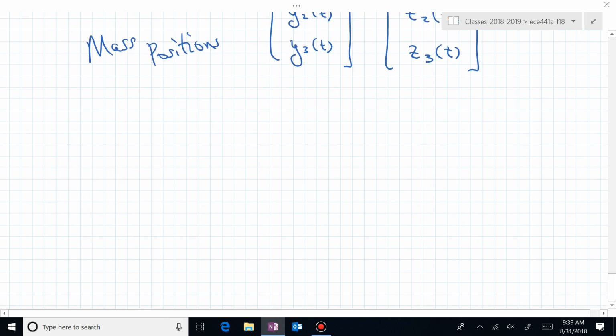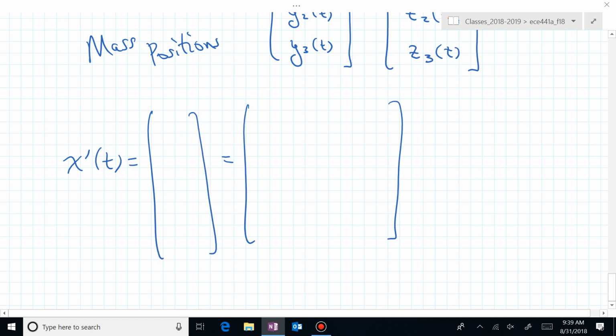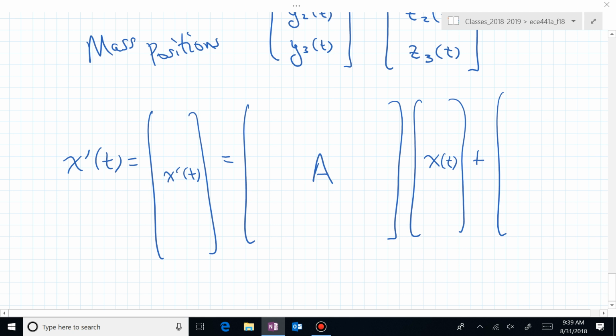If we wanted to write this now, we have x prime of t, which is now a 7 vector, equaling A x, so this is x prime of t in there. This is now x of t. And there's 7 variables stacked on top for x. Then we have B times our u of t.